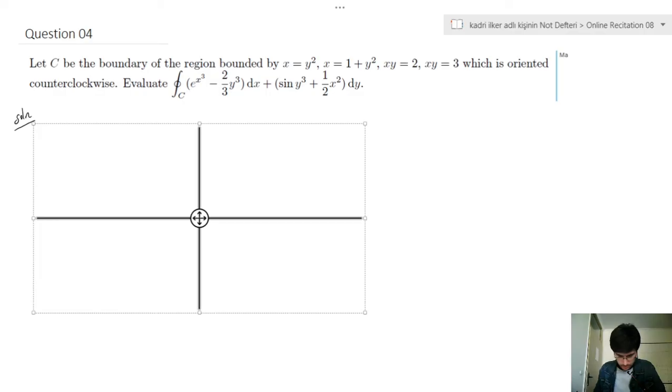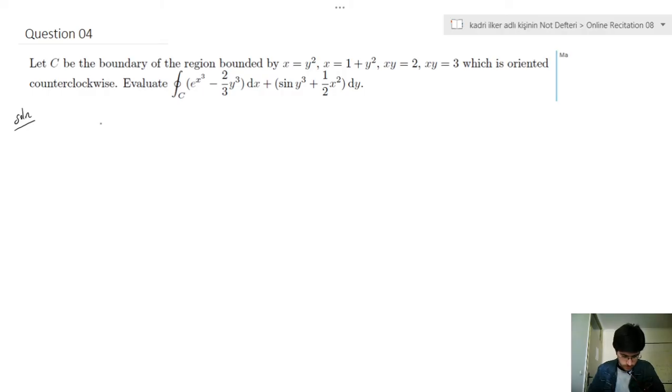I'm going to sketch by myself. So we have a kind of picture like this, and let's try to sketch our curves.